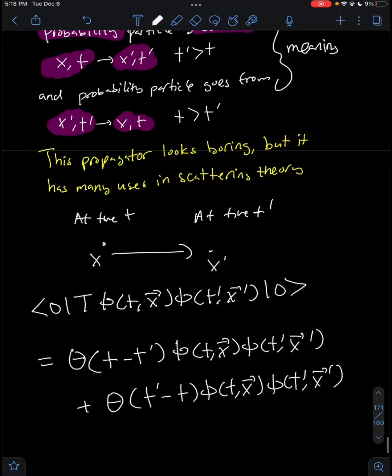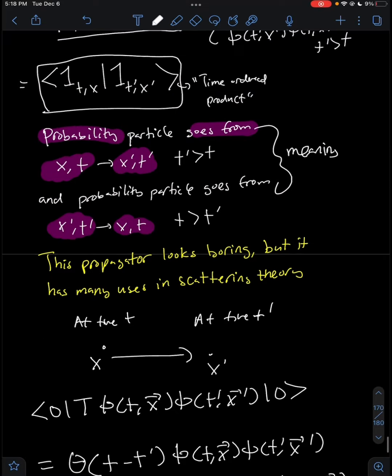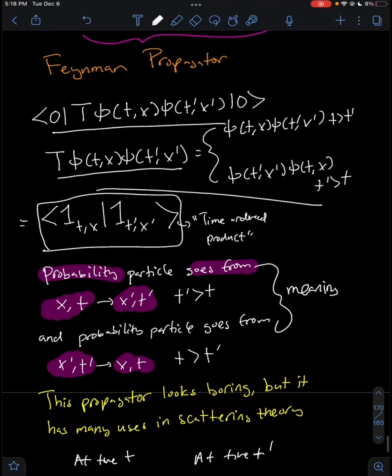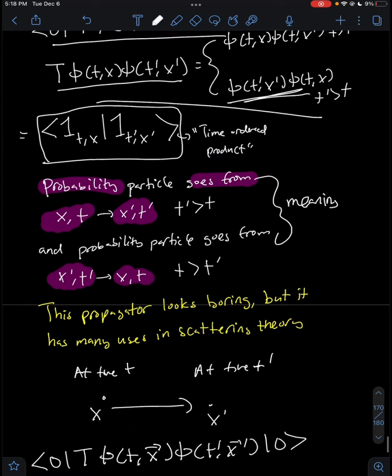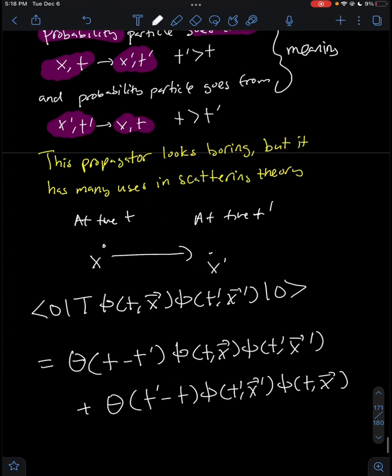Actually, I think it should be the reverse: phi t prime x prime times phi t x. So how does this give us the same thing that we have here? Remember that if t prime is greater than t, the thing is flipped, right? And that's what's over here, it's flipped.